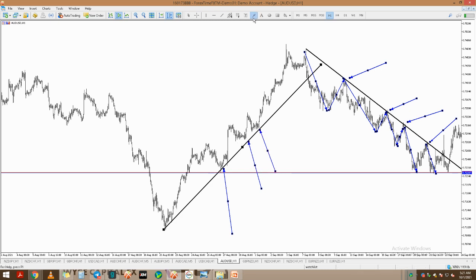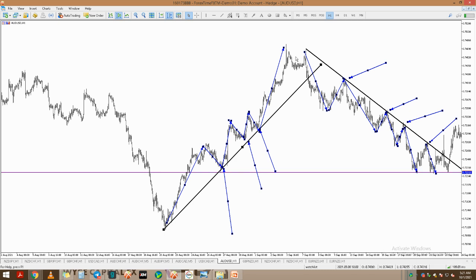And you can also see that the market is making higher high, higher low, higher high, higher low, higher high. So in this setup, price is pushing upward. In this setup, price is pushing down.